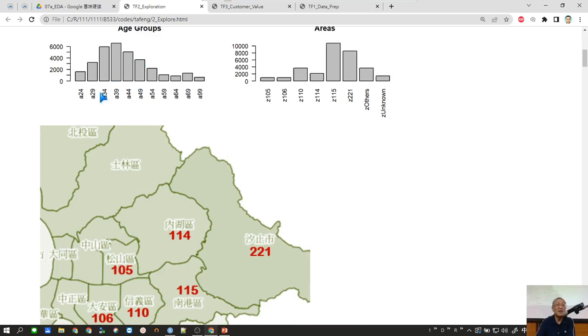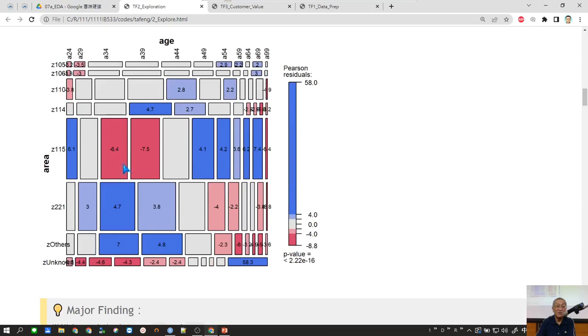That is why the box is wider here, right? But they are actually red, because they are doing the comparison in this direction, right? You see that? Okay. So Mosaic Plus is actually a very useful tool, right?